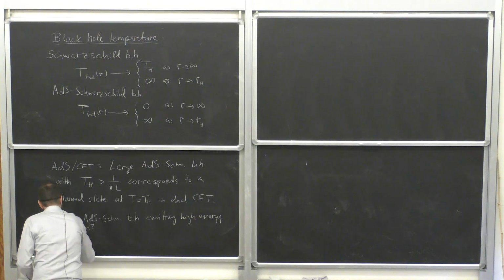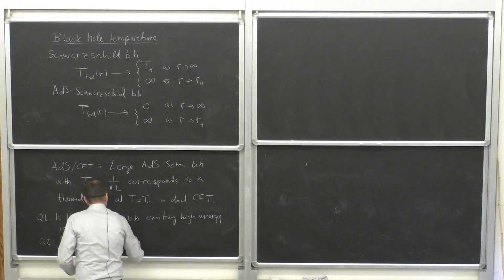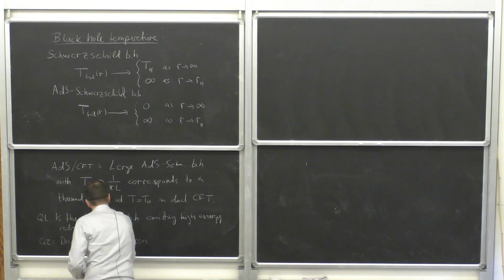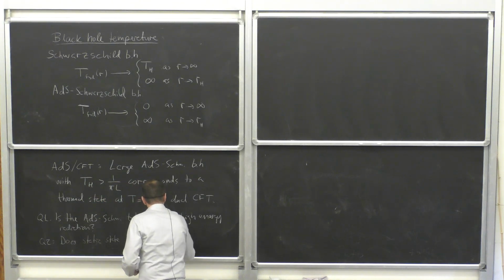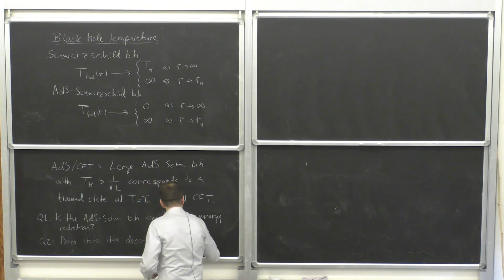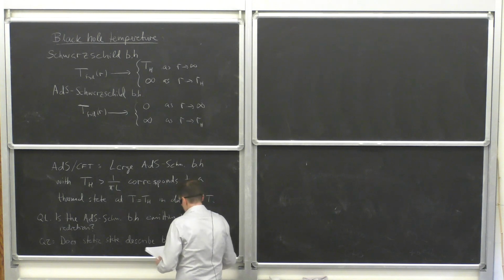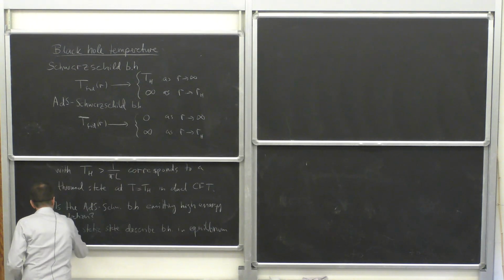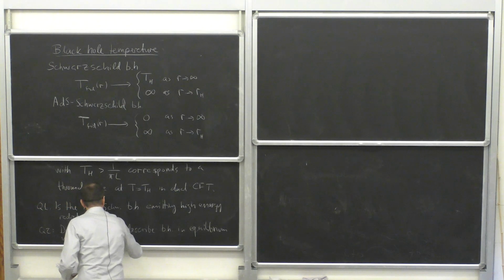So does this static state, this static geometry, describe a black hole in equilibrium with reflected Hawking radiation?